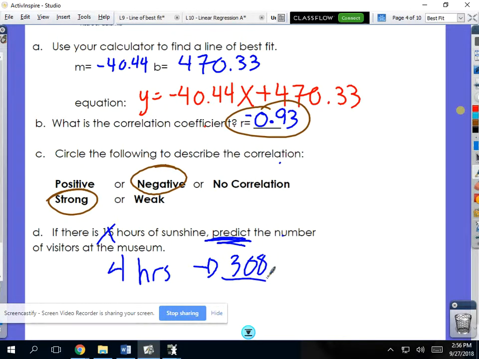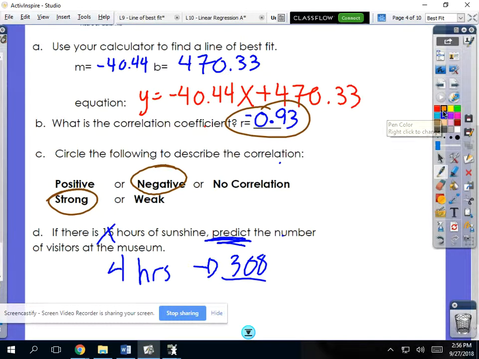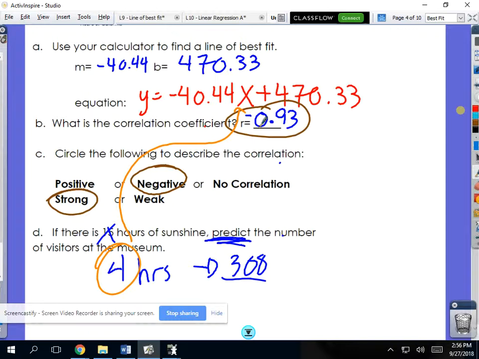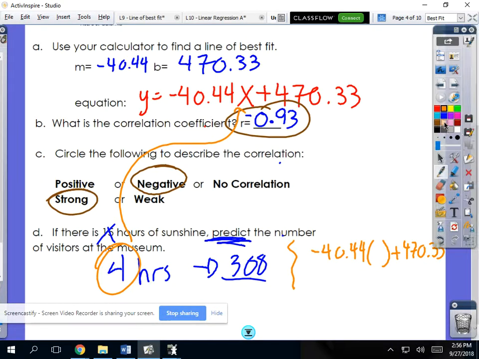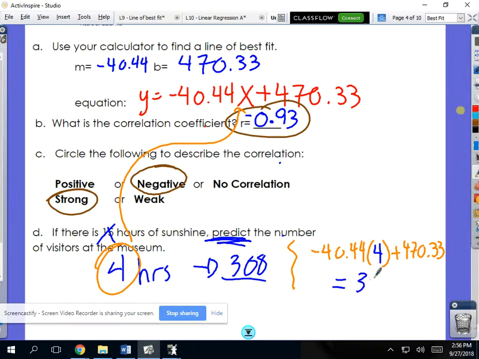The easy way is to simply plug the number 4 into this equation: negative 40.44 times that number plus the 470.33. That's going to kick out 308 point something. But you can't have a point something of a visitor.